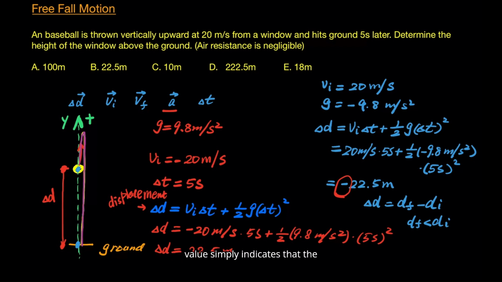This negative value simply indicates that the baseball's final position is below the starting point, which is exactly what we expect. So the actual height of the baseball is the magnitude of delta d, which is still 22.5 meters. So both coordinate systems give us the same result. The answer is B. No matter which way you choose, you always get the same correct answer as long as you pay careful attention to the signs.